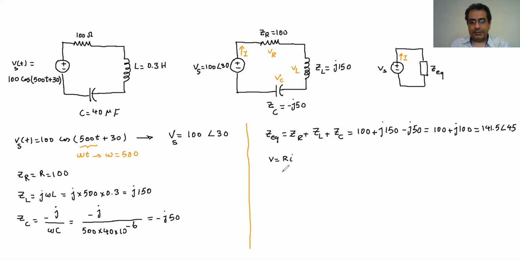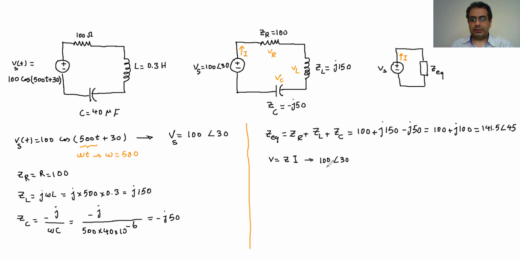If you have the impedance, we just change R to Z. So instead of this, we write V equals ZI, similar to Ohm's law. So here the V is 100 with an angle of 30, and this is the V.